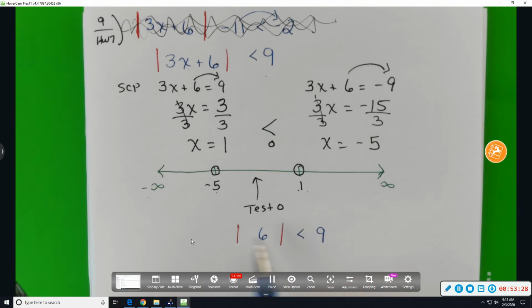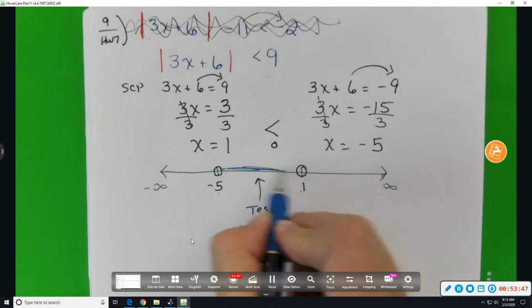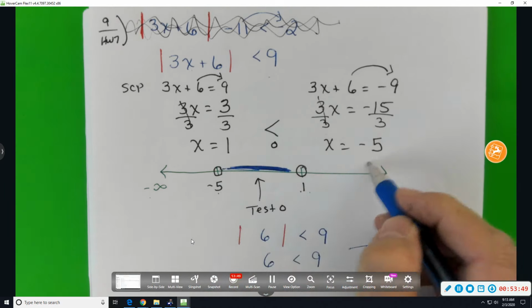Now, before we decide true or false, take the absolute value of 6. The absolute value of 6 is still 6. True or false? 6 is less than 9. True. So am I going to have to write any of those union symbols in my answer?